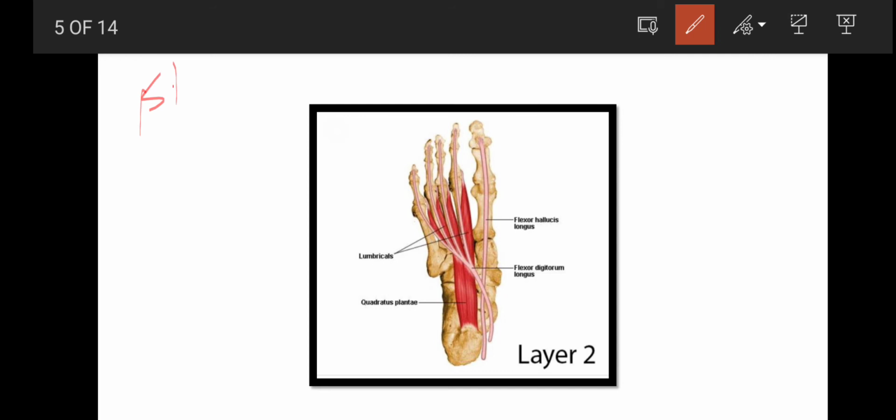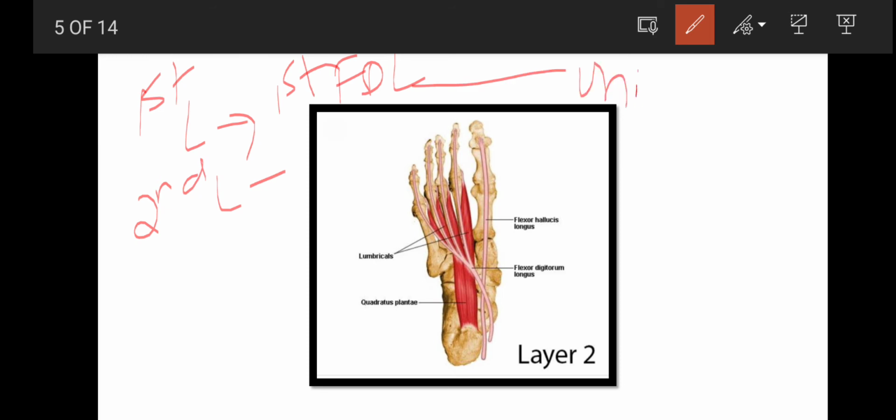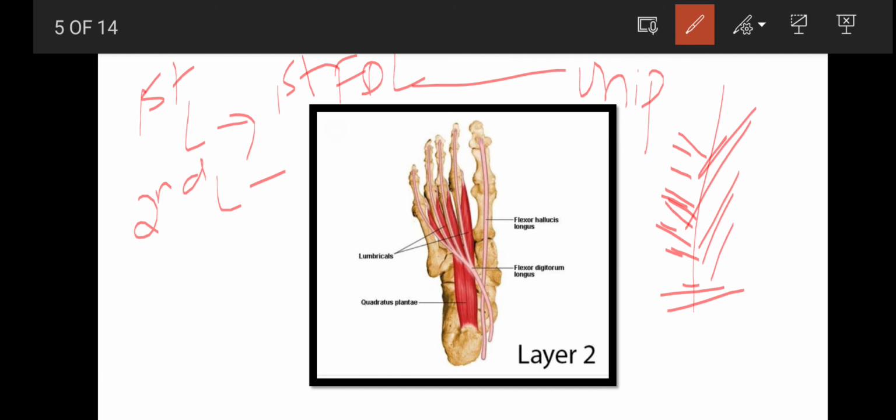First lumbrical is from the first tendon of flexor digitorum longus. The second lumbrical is from the adjacent side, because the first is the only one which is unipennate, with only one side. The arrangement is like this. The next one is bipennate, from both sides you can find. So it is from the first and second tendon.